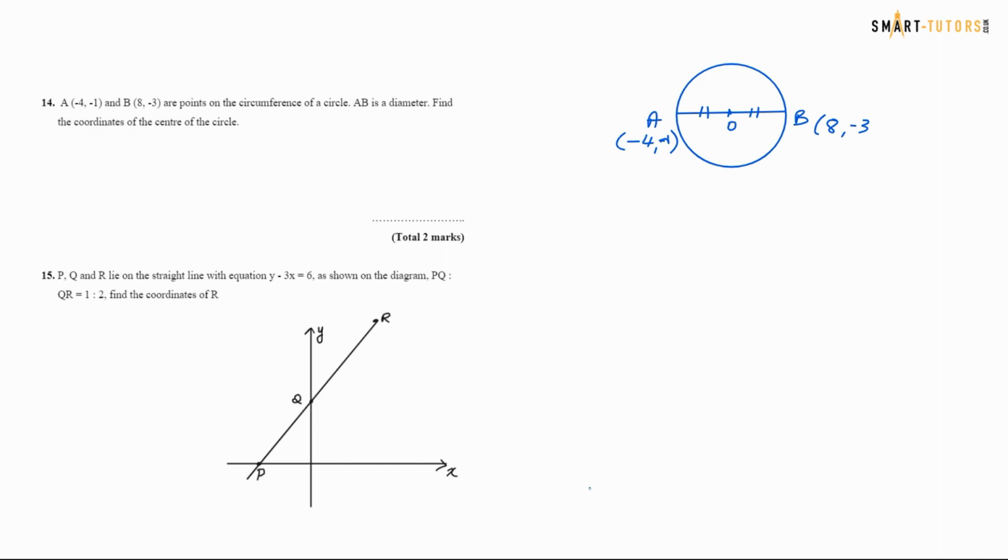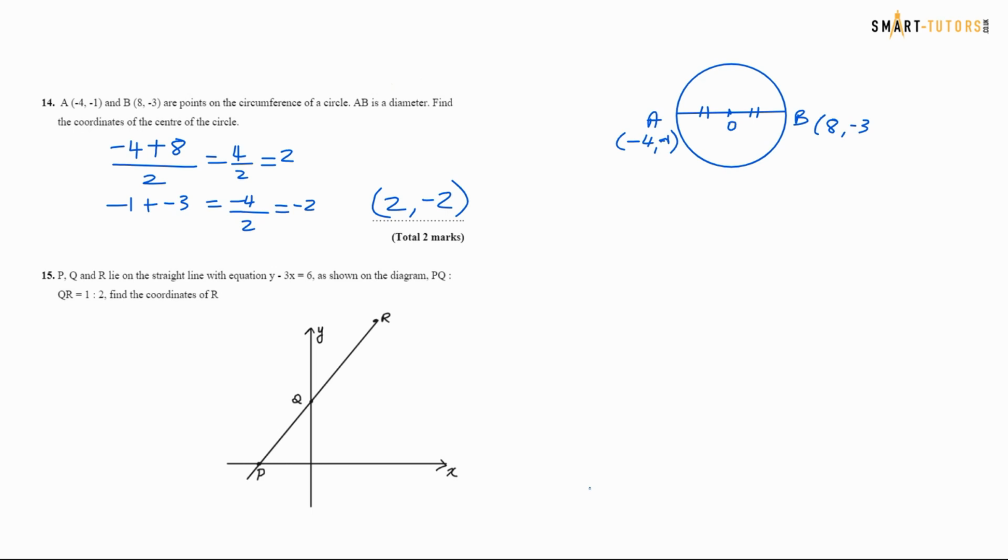So minus 4 plus 8 is 4, 4 divided by 2 is 2. And next one, minus 1 plus minus 3, which is minus 4. So minus 4 divided by 2 is minus 2. So the coordinates of the center point, x coordinate first and then the y coordinate, are 2 comma minus 2.